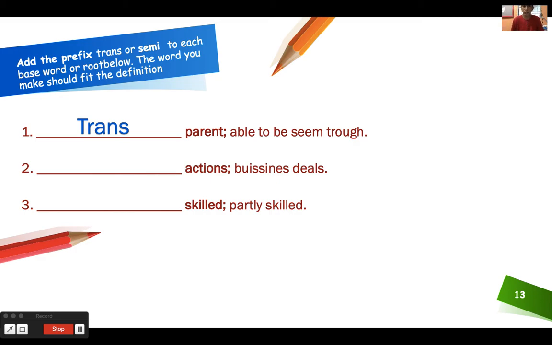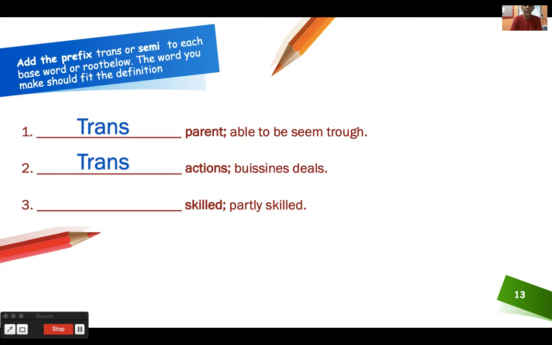Business deals. We have actions over here. Something that you can do, for example, in a bank or when you go to pay the bills, the public services, or when you go to the supermarket to buy your groceries, right? How do you call that action? Very well.